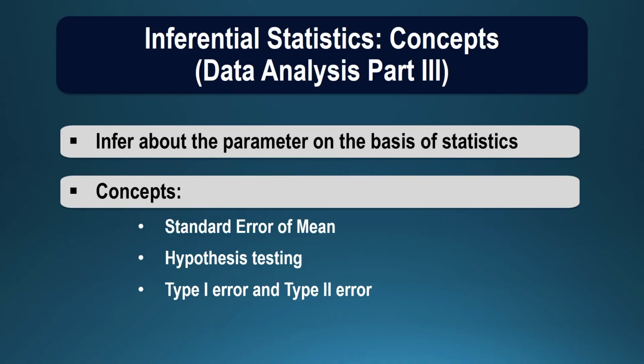But if you set the probability level as 0.001, you increase the chances of type 2 error. So the researcher needs to have a balanced approach and set a level of significance where you reduce the chances of both type 1 and type 2 error.